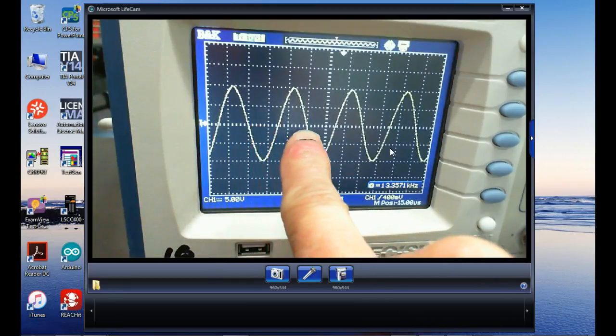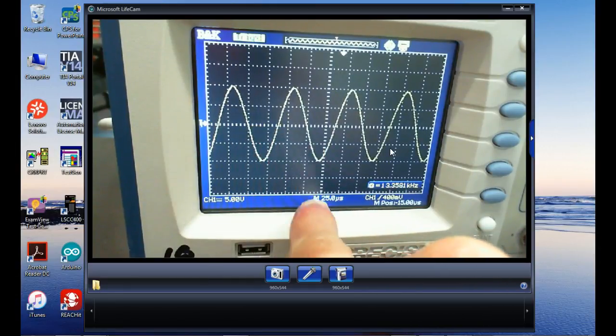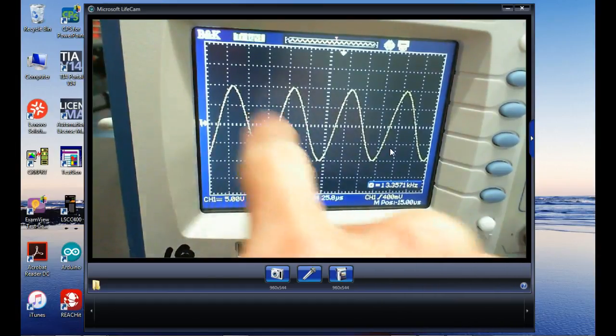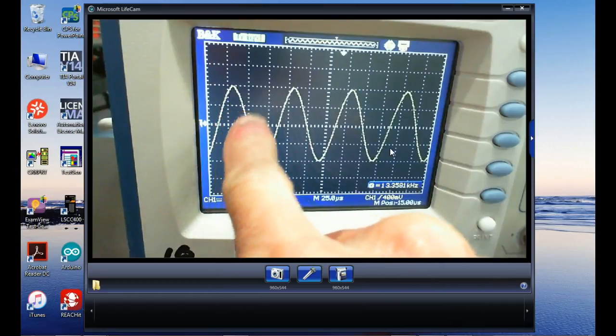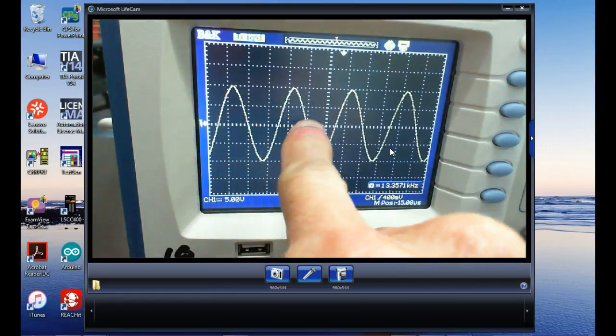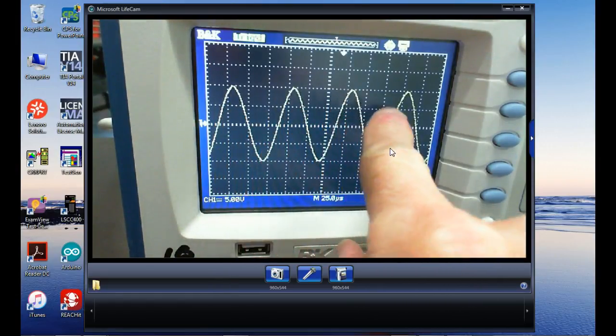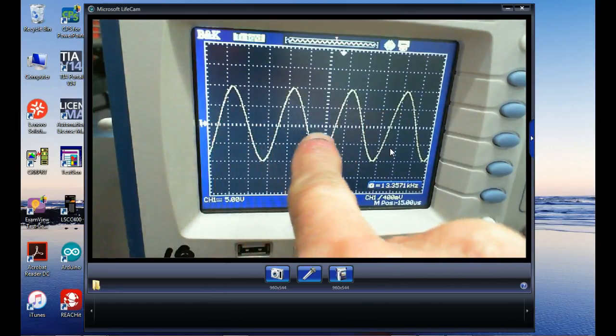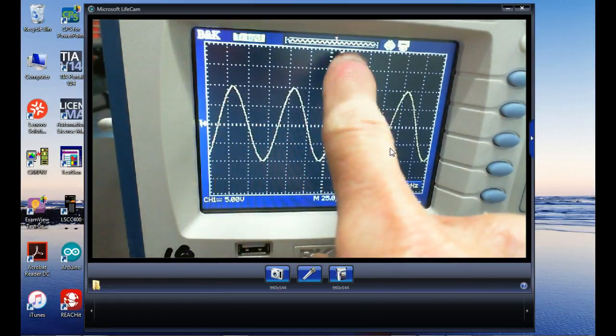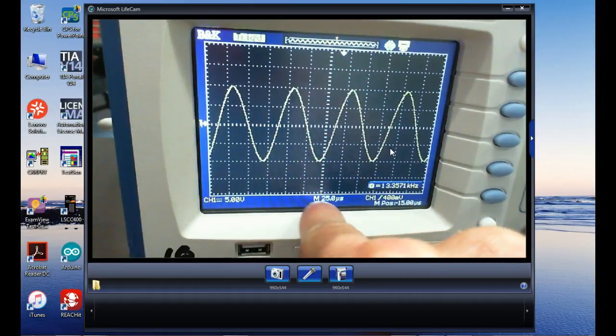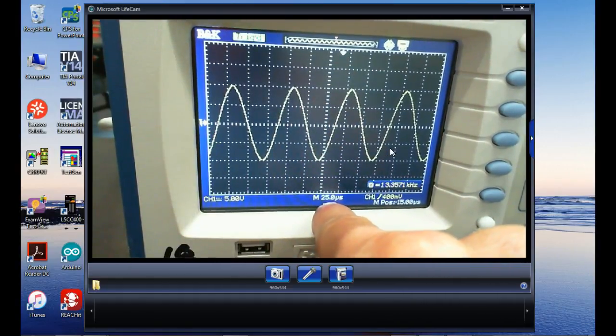And that cycle has a certain amount of time. So if you look down here, this is my time for each one of these divisions right here. Time goes this way and voltage is this way. So that says 25 microseconds per division.